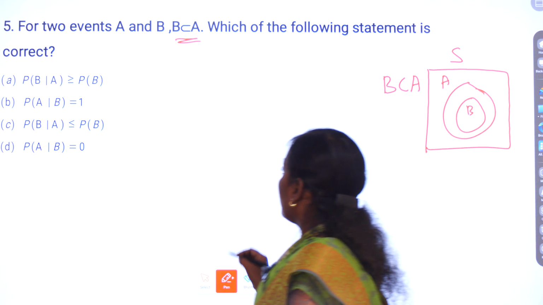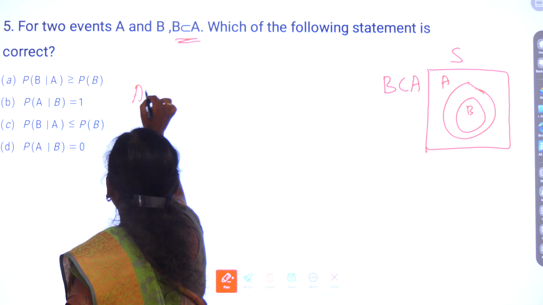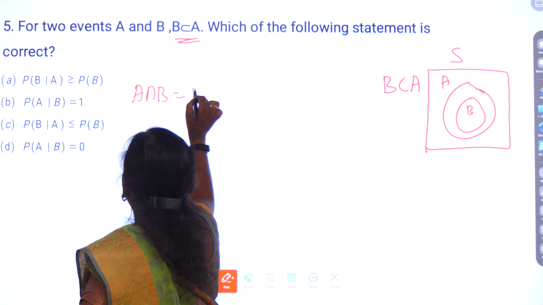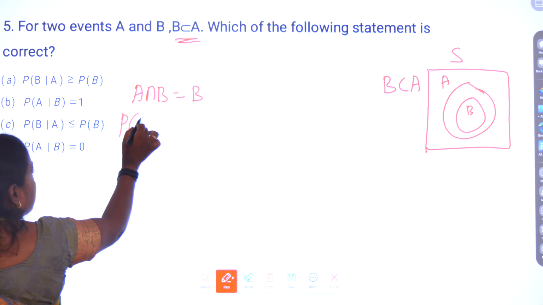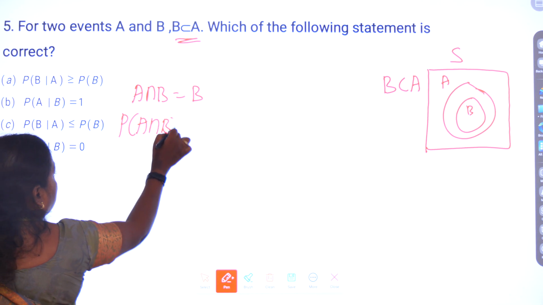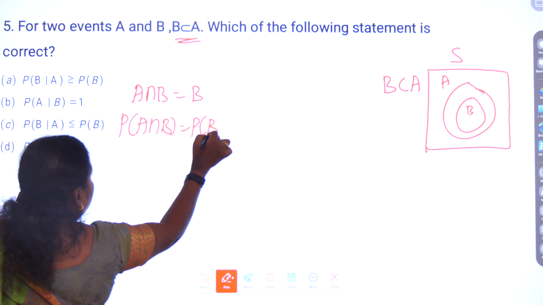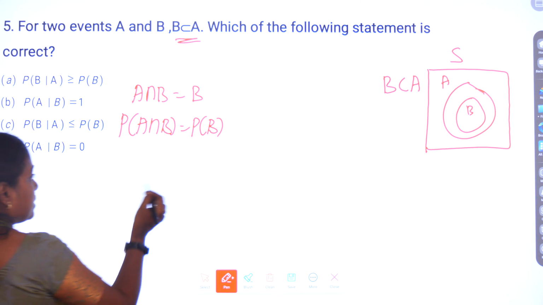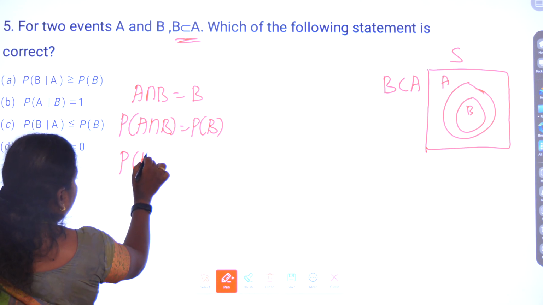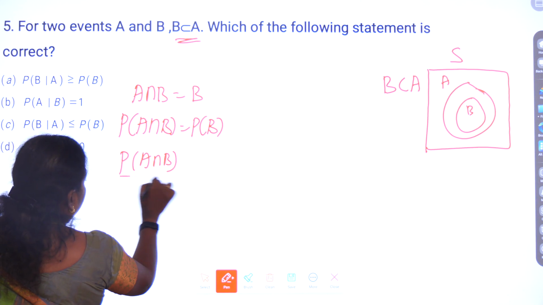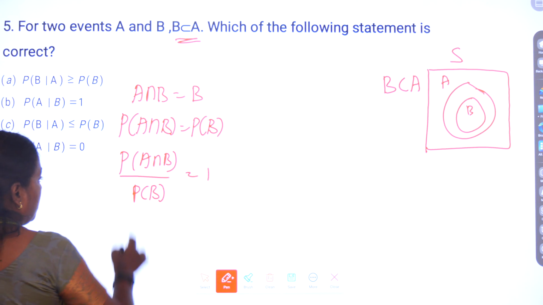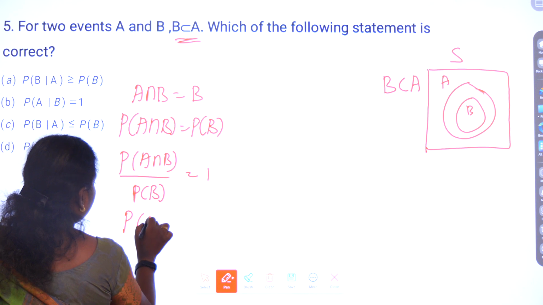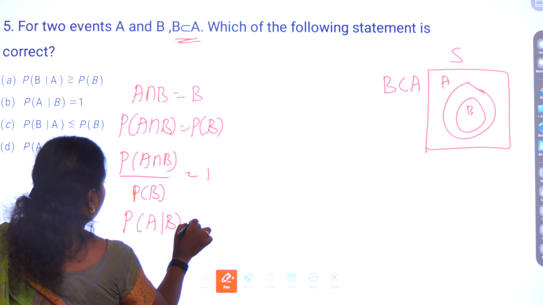Now we know that A intersection B is nothing but B. Take probability on both sides: P of A intersection B is equal to P of B. Now divide both sides by P of B: P of A intersection B divided by P of B is equal to 1. This is nothing but P of A given B is equal to 1.